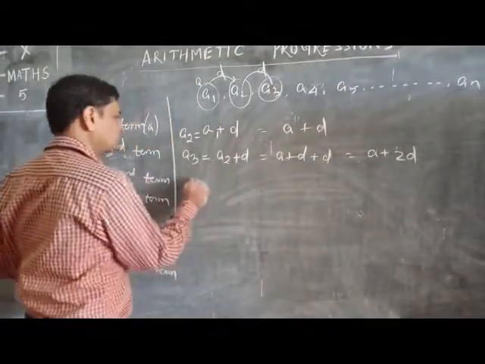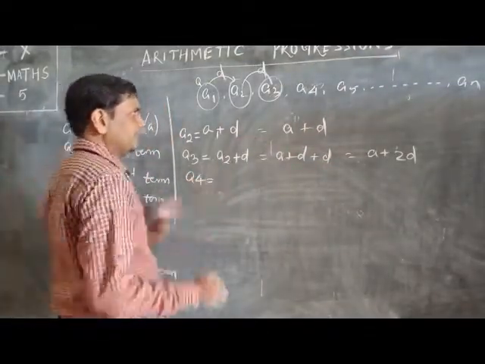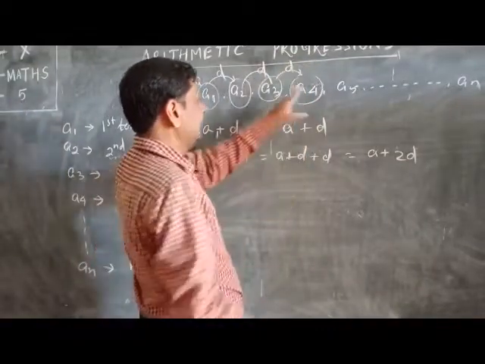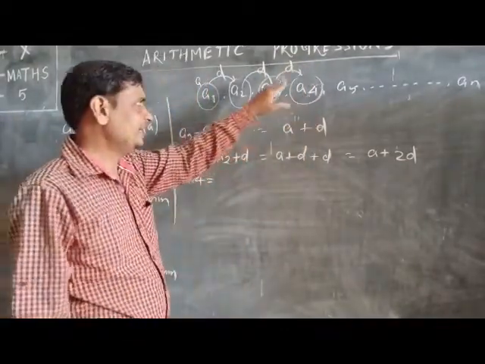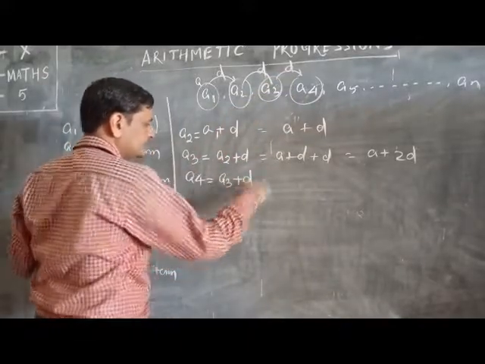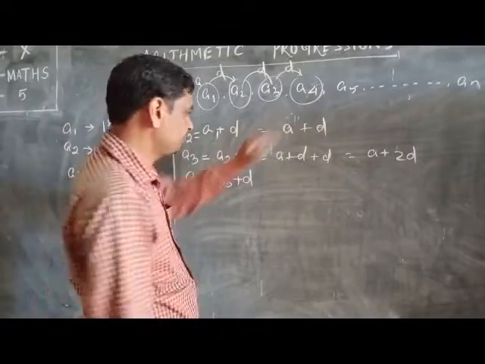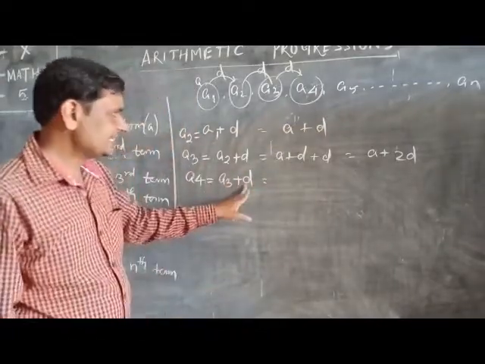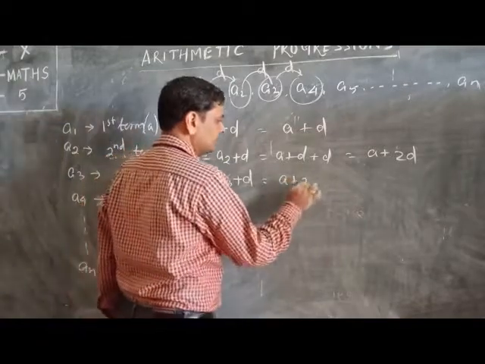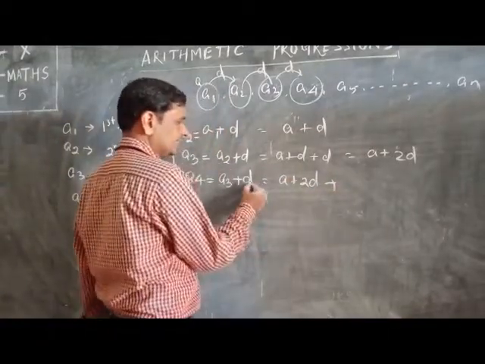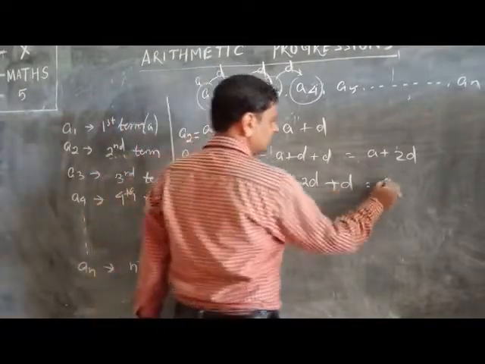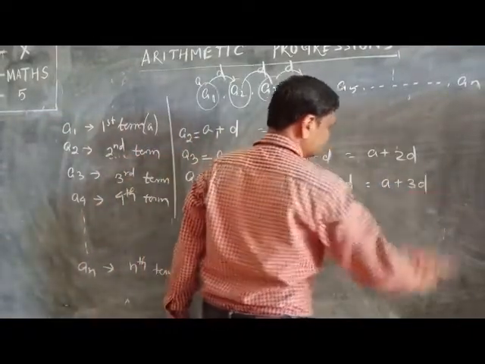Next, A4. Here the difference is D. A4 is obtained when A3 is added with D. A3 plus D becomes A4, and A3 is A plus 2D, so A plus 2D plus D becomes A plus 3D.